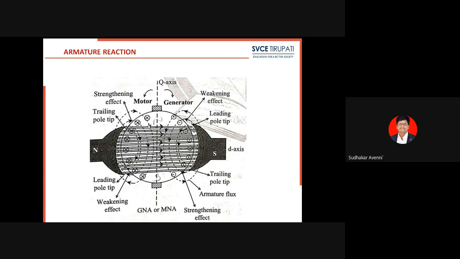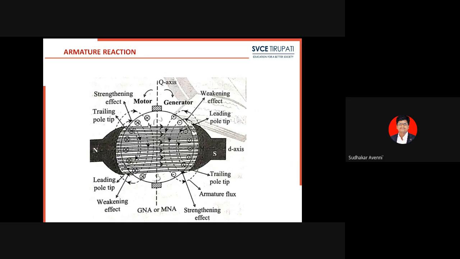What is the cross magnetization effect? What is the demagnetization effect? When the cross magnetization effect exists, there is distortion of air gap flux and also sparking at the brushes.